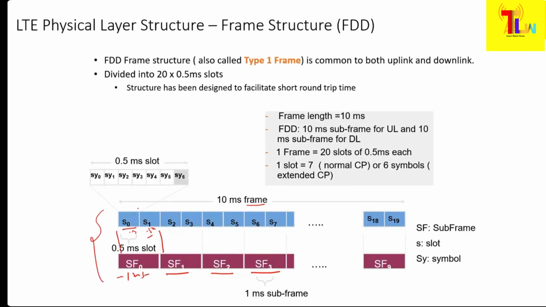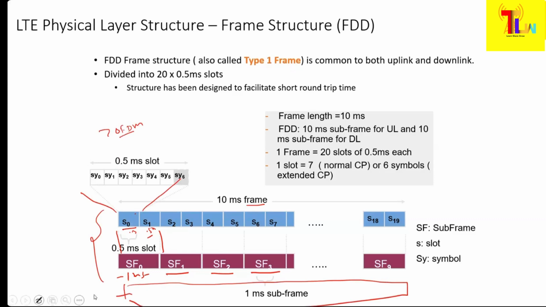Further, in a slot we have the symbol concept. One slot has 7 OFDM symbols. We will discuss OFDM later, but as of now you just need to know we have OFDM symbols. So this is the complete frame of 10 millisecond.